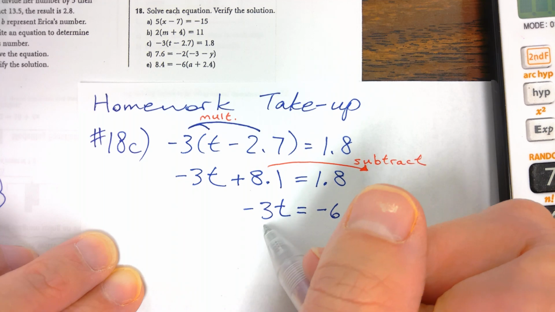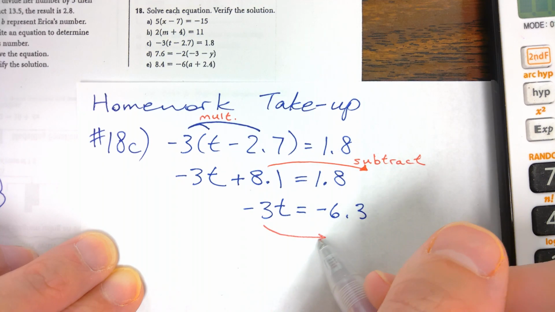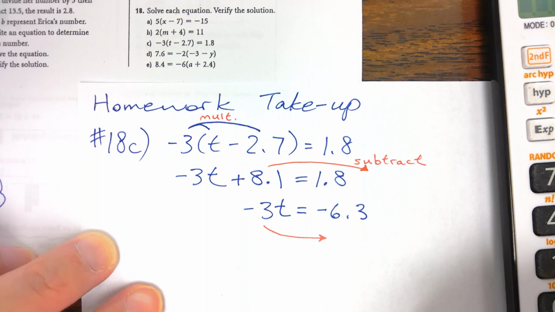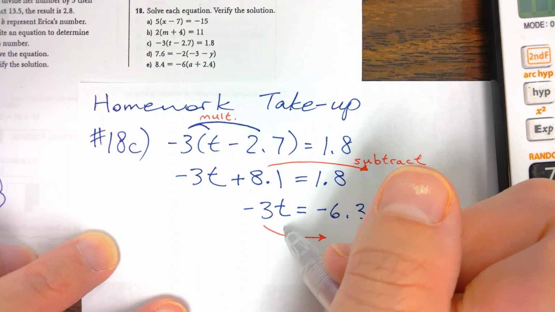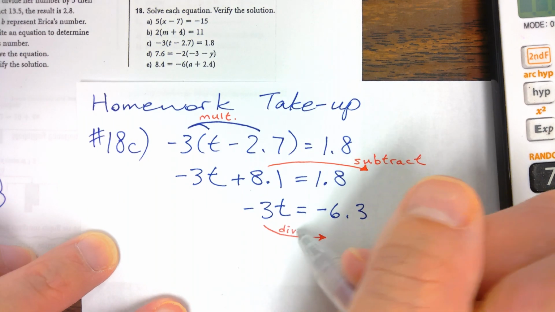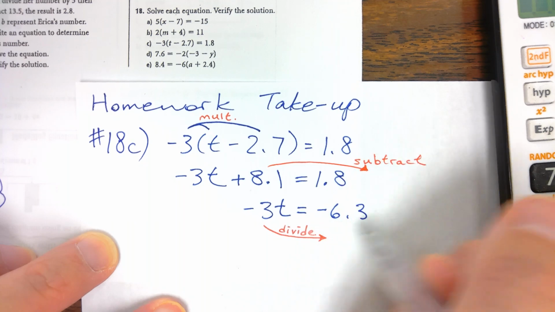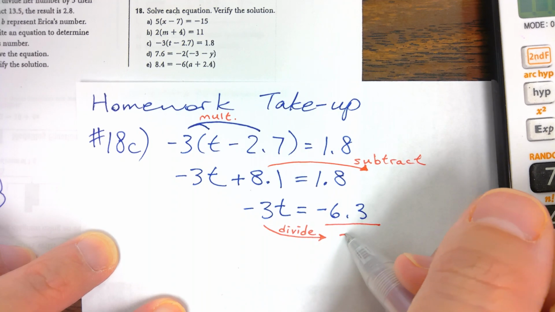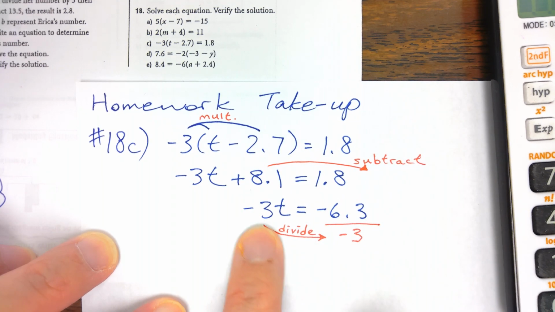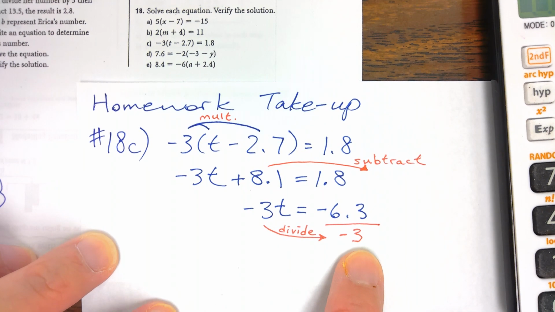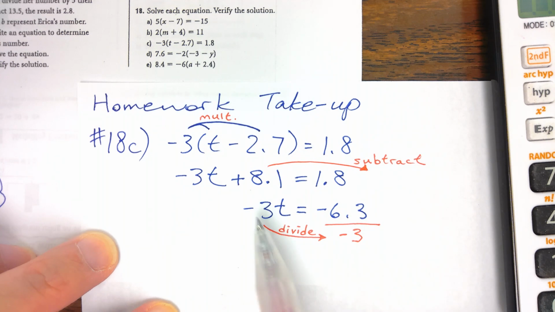What am I going to do with this negative 3 now? Yep. Divide. What am I dividing? The negative 3t and the negative 6.3. So I'm dividing by negative 3. Okay, it doesn't change to positive 3 because remember we're doing the opposite. Opposite of negative 3 times t is divide.